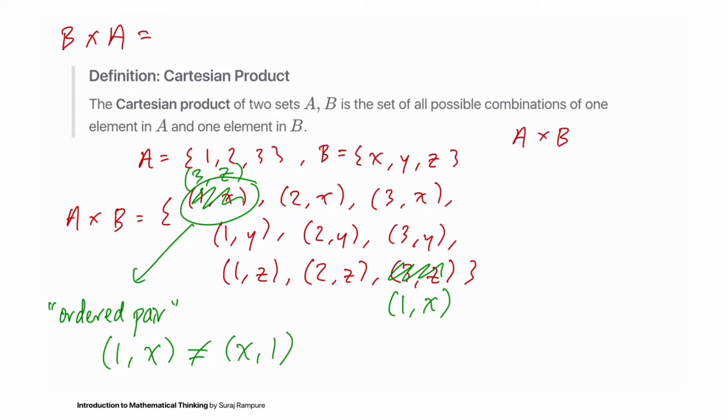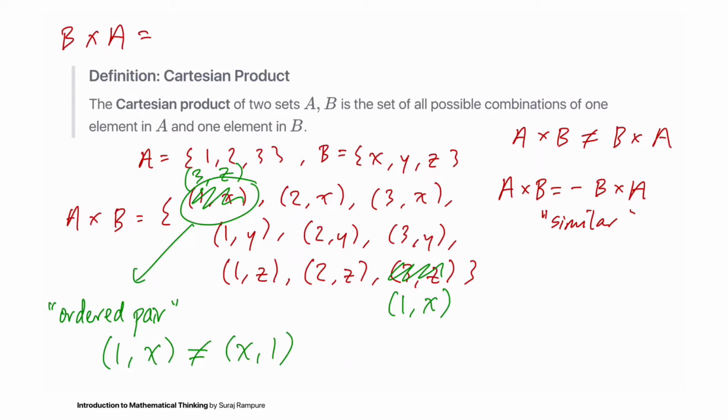So the Cartesian product of A and B is not the Cartesian product of B and A. It's flipped. One way I like to think about this is the cross product when we talk about vectors. The cross product of A and B is the opposite of the cross product of B and A. So this is similar. Okay? So that's one way to think about it.